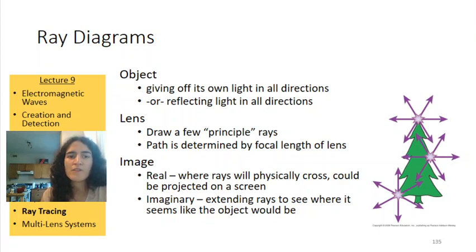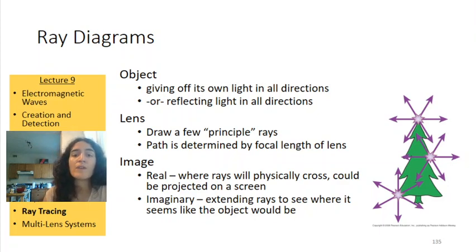We'll have a certain set of rules about how light beams pass through a lens, and wherever these light beams converge back together, that is the position of an image.